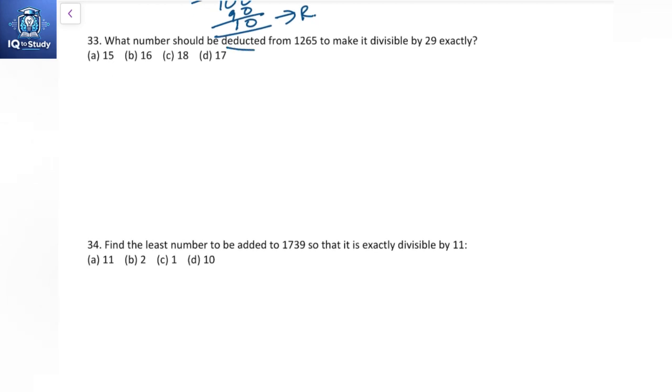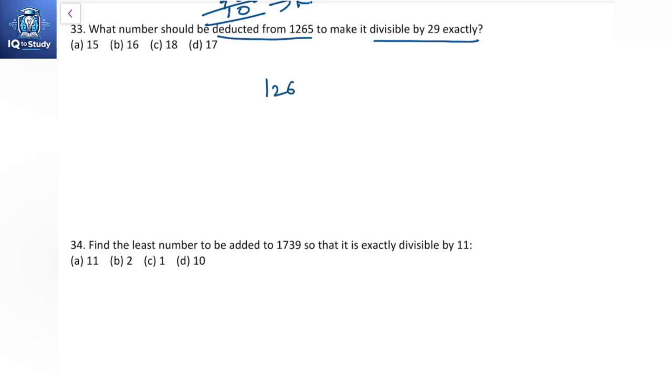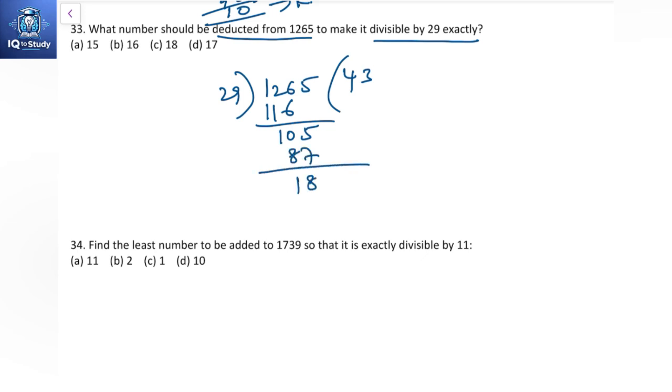What number should be deducted from 1265 to make it divisible by 29 exactly? 1265 divided by 29. So, 18 should be deducted from 1265 to make it exactly divisible by 29.